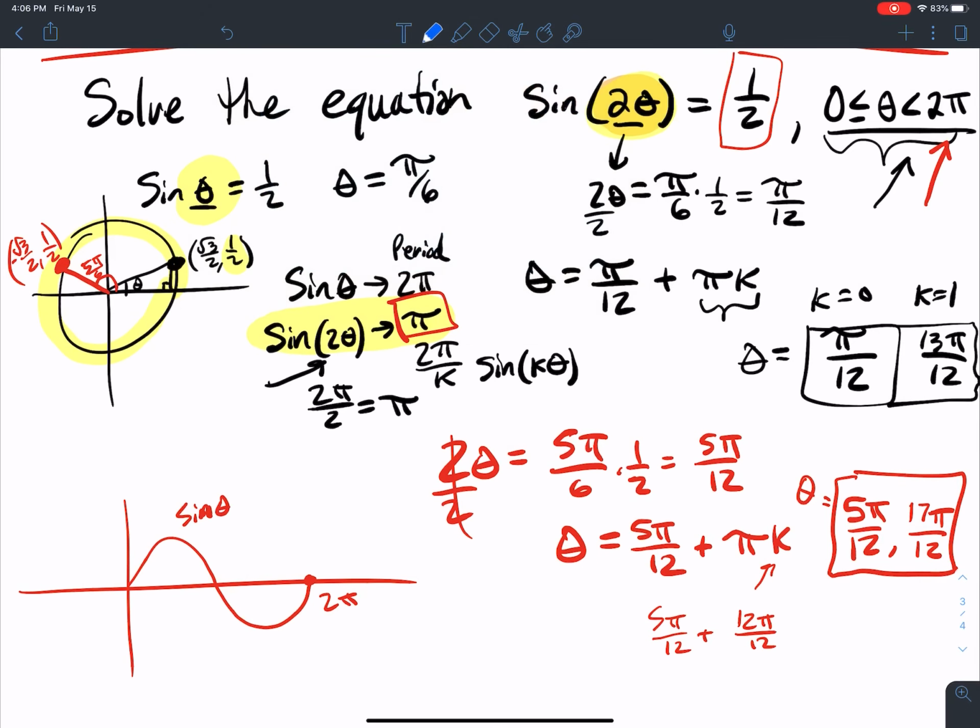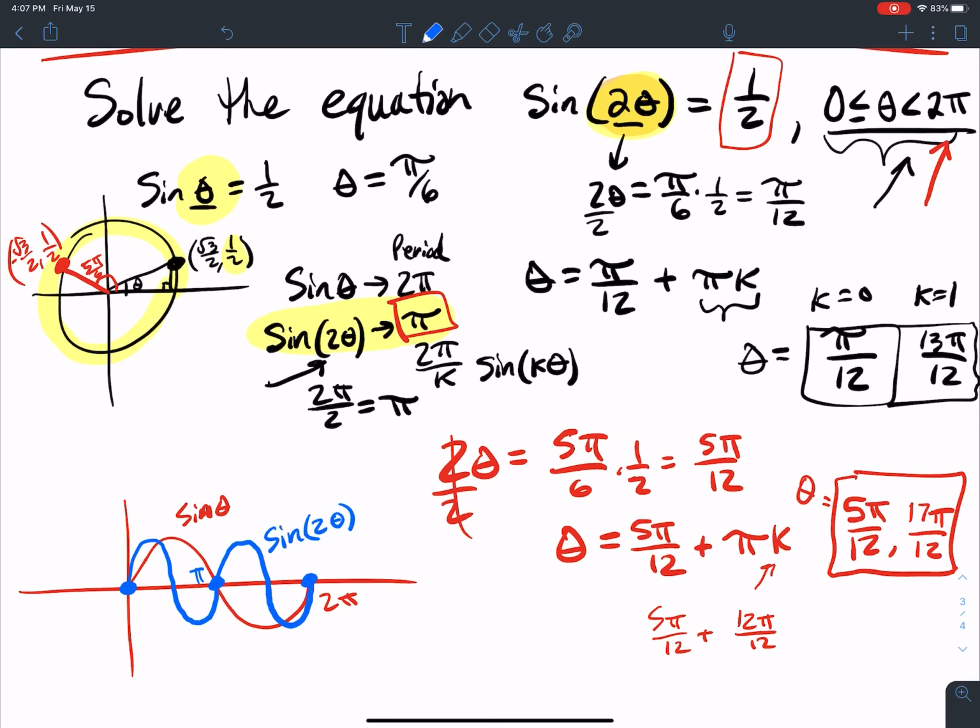However, sine of 2 theta is going to be twice as fast, meaning I get done with one period of sine in pi units, and then I start another period of sine, and now I've gone through the cycle 2 times for sine 2 theta.